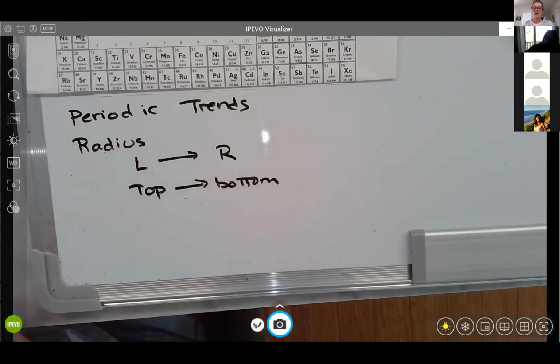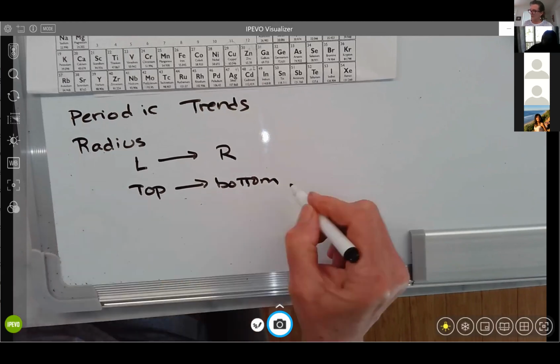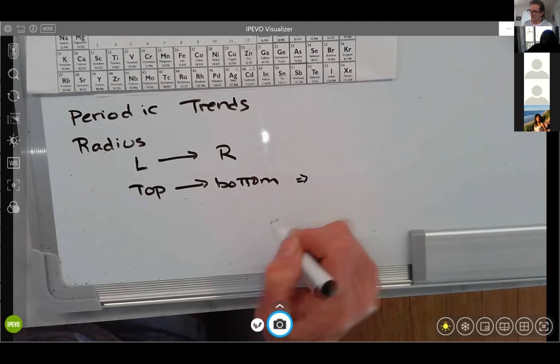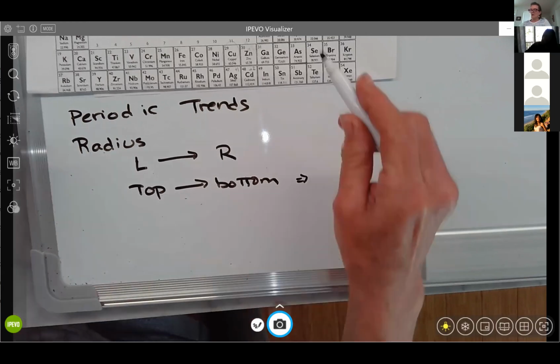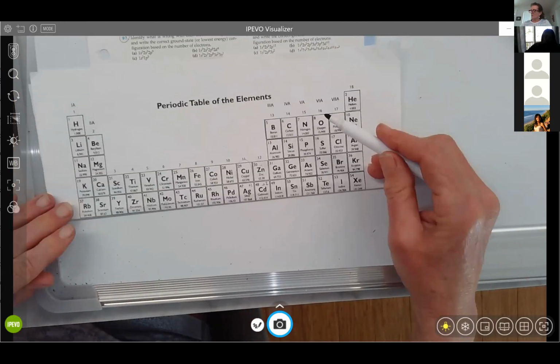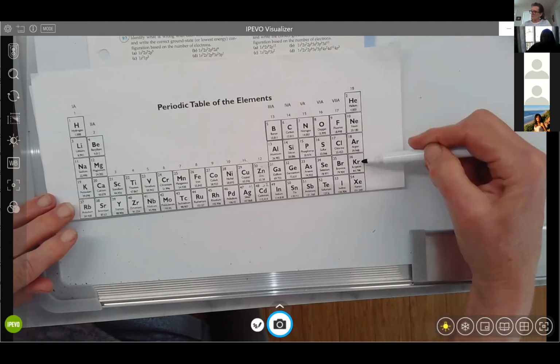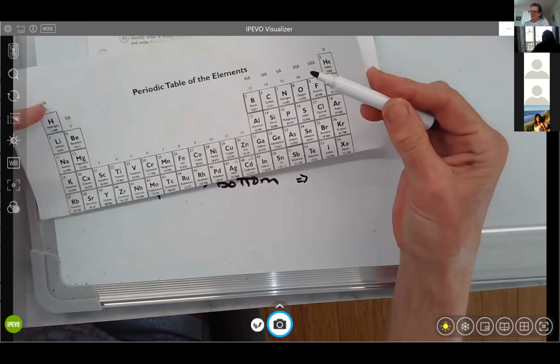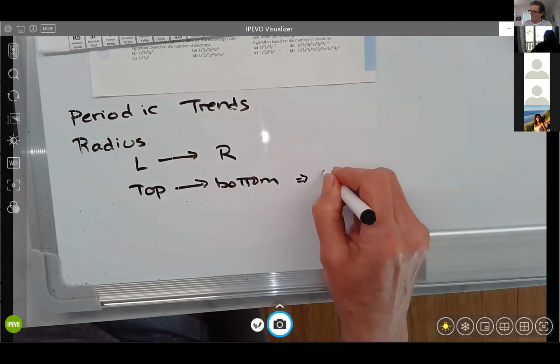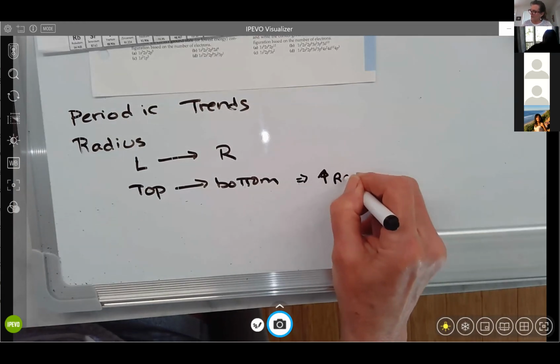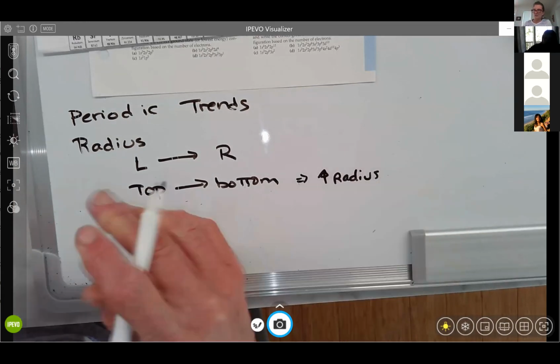This is the size of the radius of each atom. Going from top to bottom is a little easier to understand. When you start from helium and go further down the periodic table, the radius increases because you're getting more and more shells.